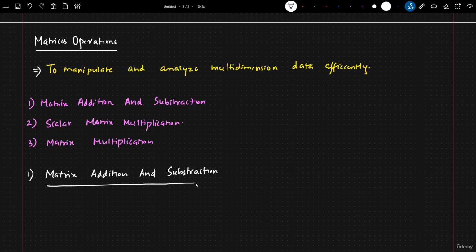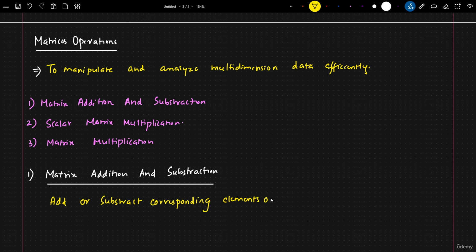Okay. So in this addition and subtraction, it is very simple, right? Probably the simplest technique with respect to this kind of operation. So here what we do is that we add or subtract corresponding elements of two matrices of the same dimensions.